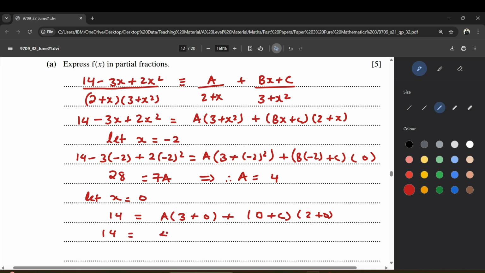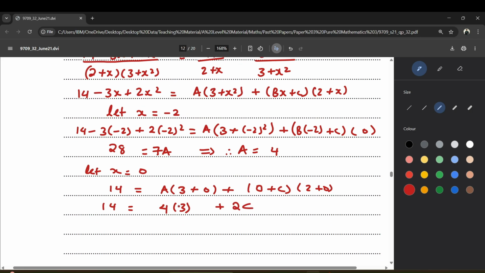Now the value of a is 4. So 4 times 3 plus, here we have c plus 0, that is 0, and 2 plus 0, that is 2. So 2 times c will be 2c. So 4 times 3 is 12. So we can say 14 minus 12, and divide by 2, that is equal to c. So therefore c is equal to 1.